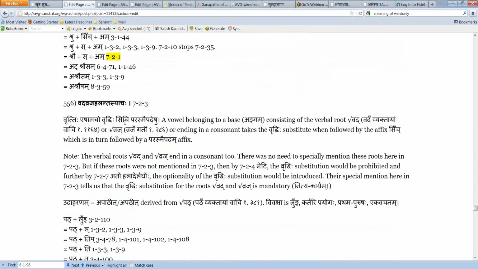So if you have an angam which consists of the verbal root vada, vada vaktayam vachi, or vraja, vrajagatau, or ending in a consonant, halantasya, then achaha. See here Panini specifically says achaha. So now we cannot use the paribhasha ikoguna vriddhi.